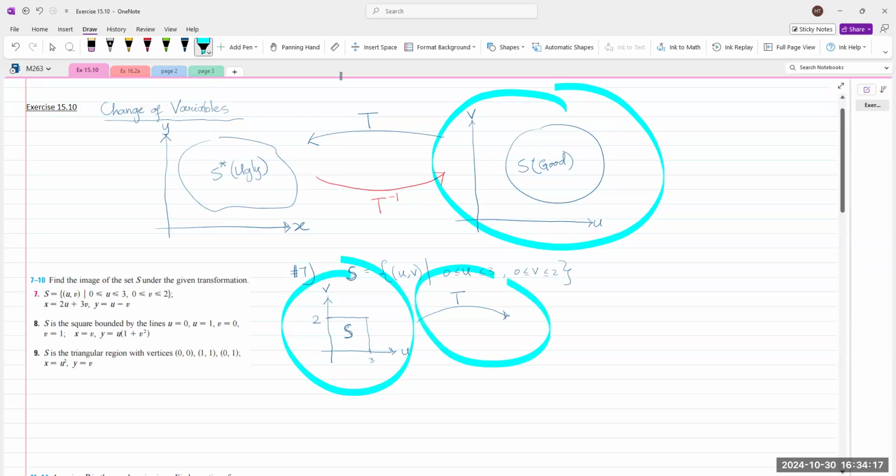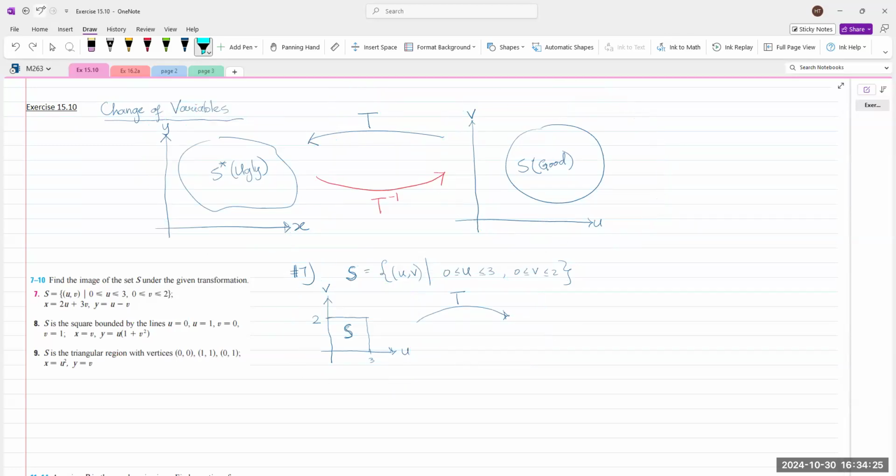Using transformation T, we will get the ugly one. So they tell us the transformation, how to make this set S become ugly, with the transformation T being X equals 2U plus 3V and Y equals U minus V.